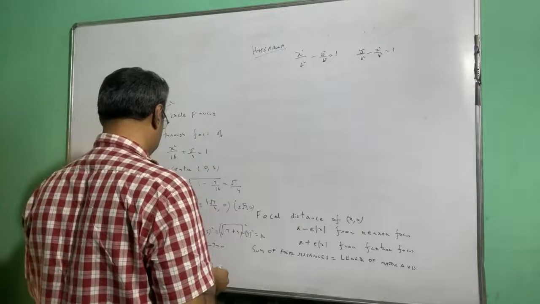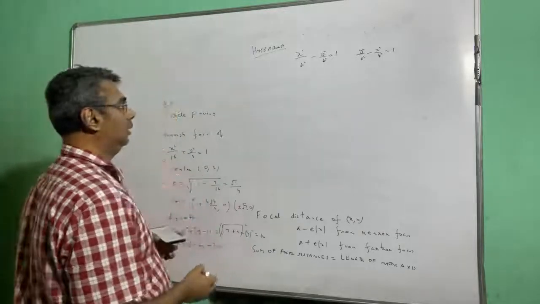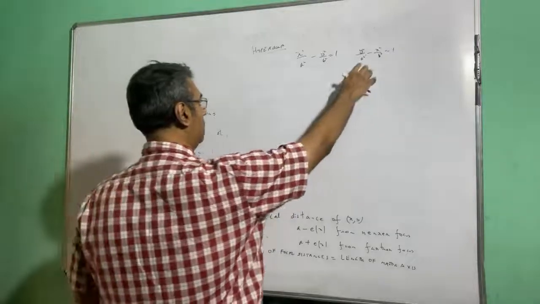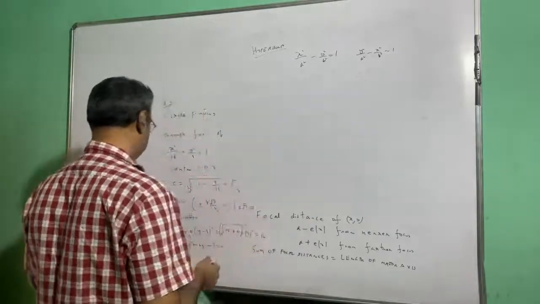So hyperbola x square by a square minus y square by b square equal to 1 and y square by a square minus x square by b square equal to 1.